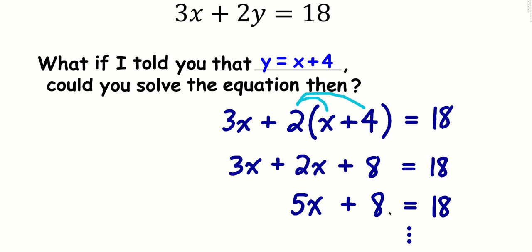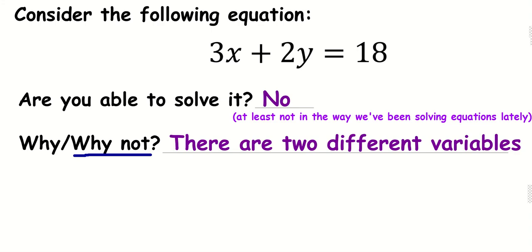And again, just like before, dot, dot, dot, because we would just keep this going, like subtract 8 from both sides now, and then divide both sides by 5. But the bottom line is, quick recap: when an equation has two different variables, it's not really solvable the way we understand solving equations up to this point. We can't really solve an equation like this the way we've been solving because of its two different variables.